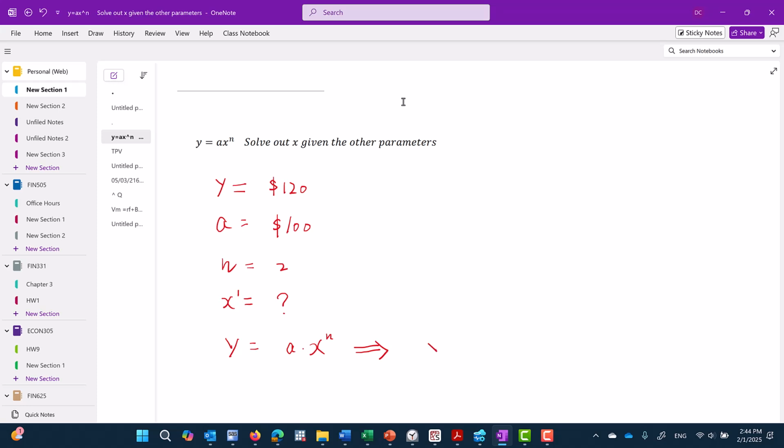So that means y raised to the power of 1 over n equals a times x raised to the power of n, and everything raised to the power of 1 over n. When you raise the product of these two terms to the power of 1 over n, that further equals raising each individual term to the power and multiplying them together.